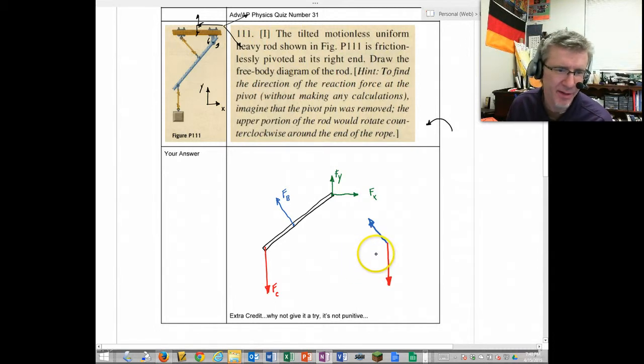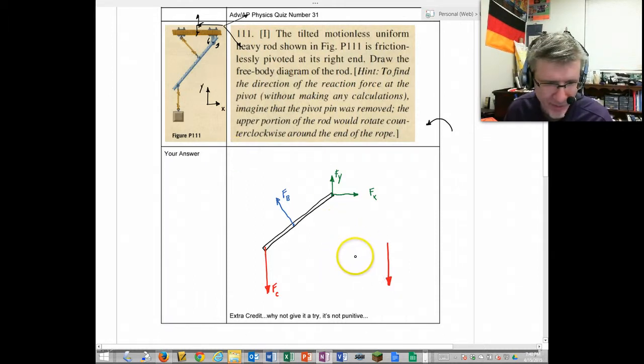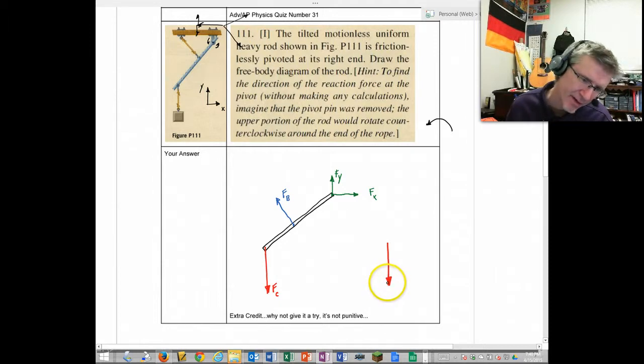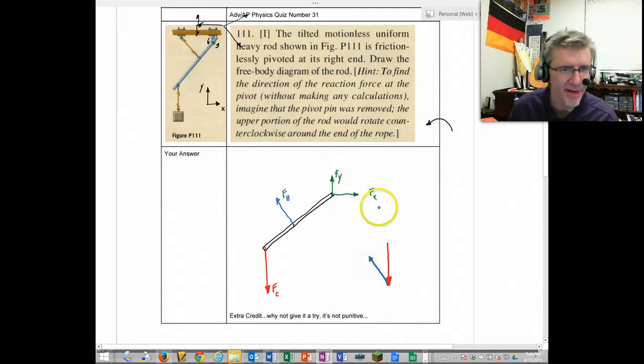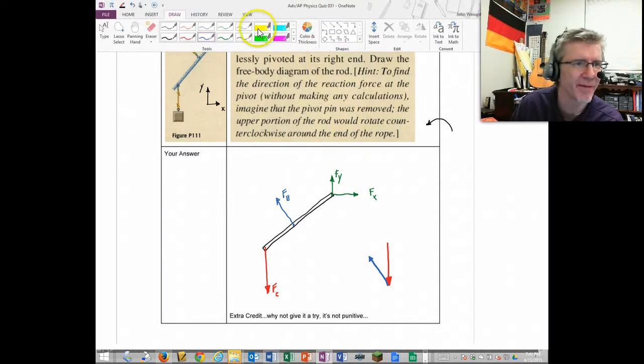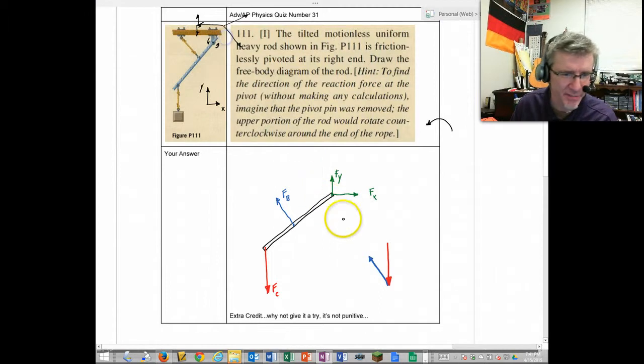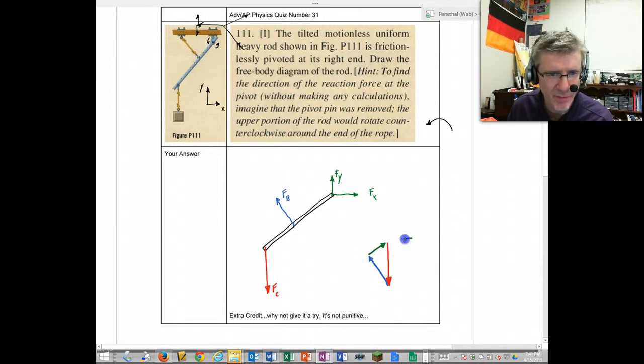We're drawing tip to tail, not from a single point. So this is F of B here. Then you can see that the combination of F of X and F of Y has to have some component in the X direction and some component in the Y direction. So this is why the sum of the forces equals 0.